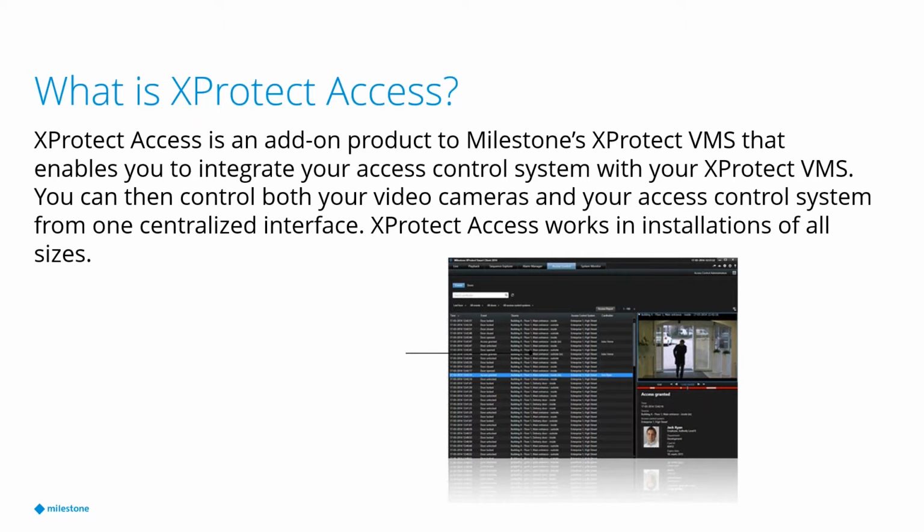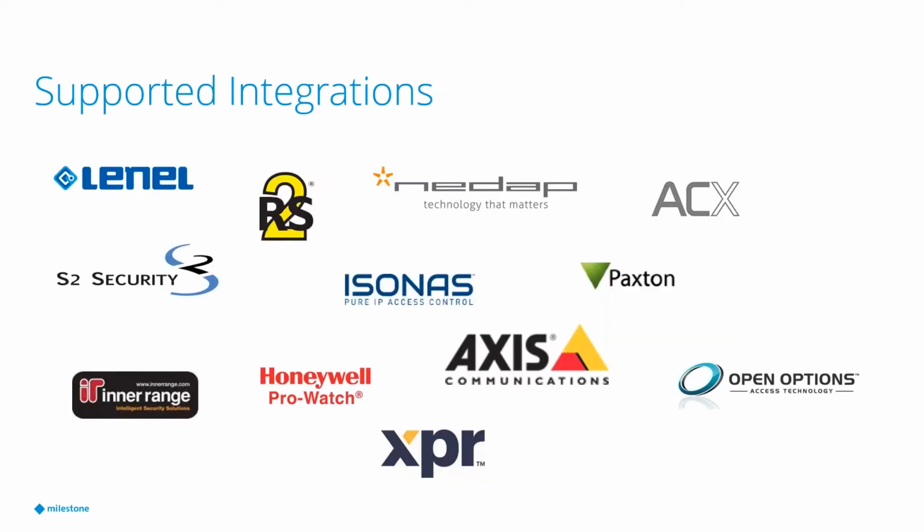So it's a different way of doing an integration. Historically, a lot of times integrations are done pulling video from the Milestone software into the access control client. This is doing the reverse, so it's pulling all the events and such from the access control system into the Milestone smart client. And it doesn't matter what access control system is being used, the experience in the smart client is the same.